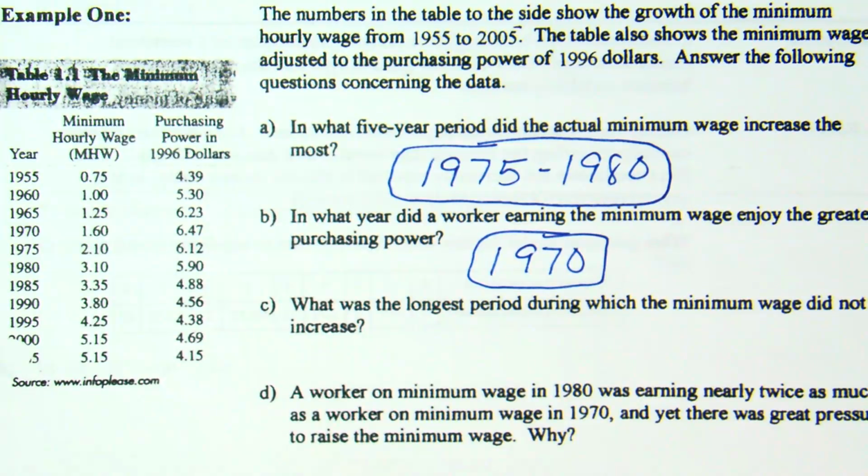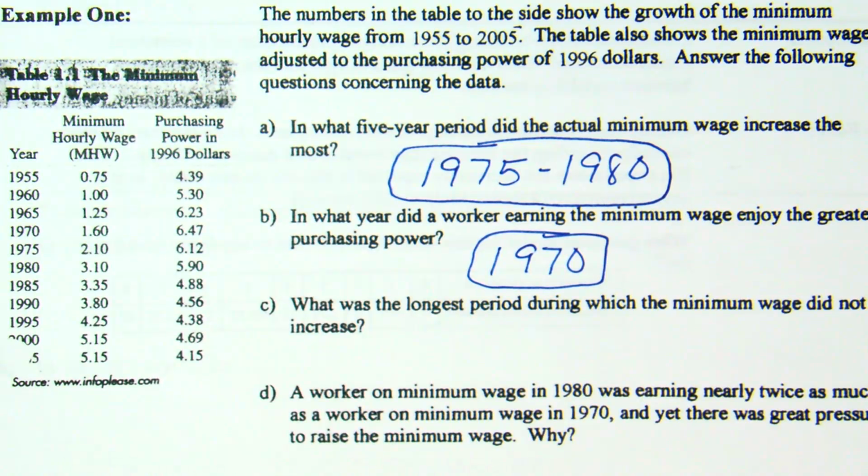Okay, what was the longest period during which the minimum wage did not increase? And of course, this is according to this chart. 5 years, 2000 to 2005. Okay, she says 5 years, 2000 and 2005. Did we have any place else that didn't change? Not according to this chart, right?